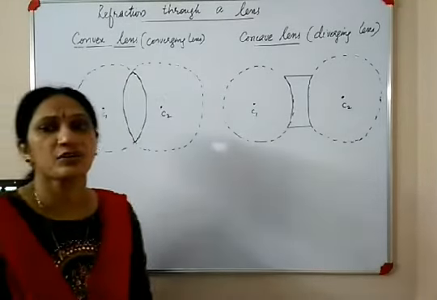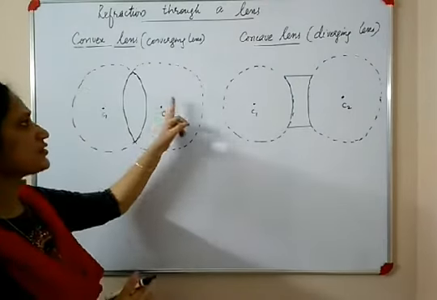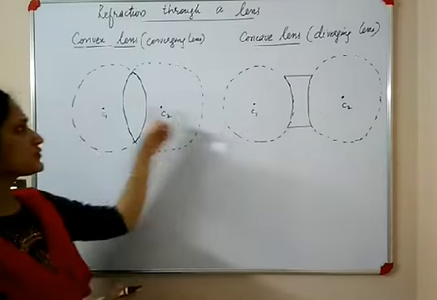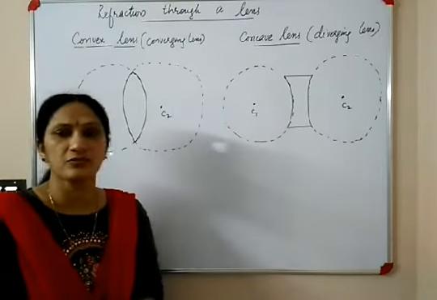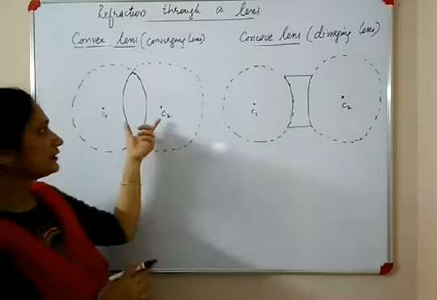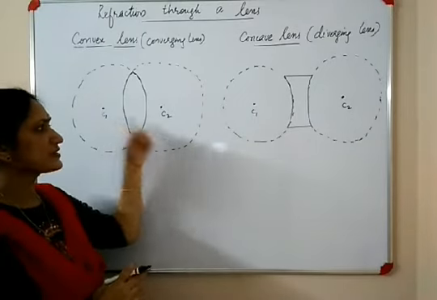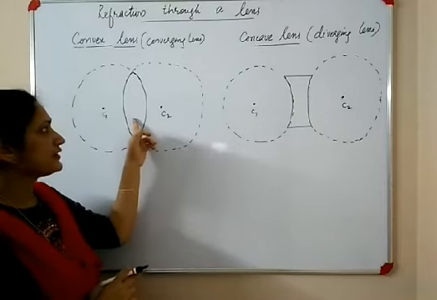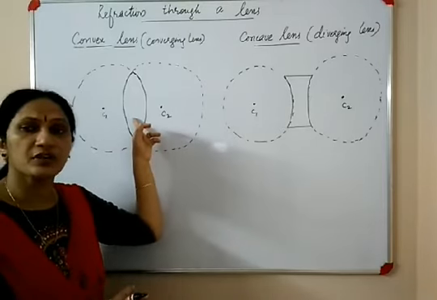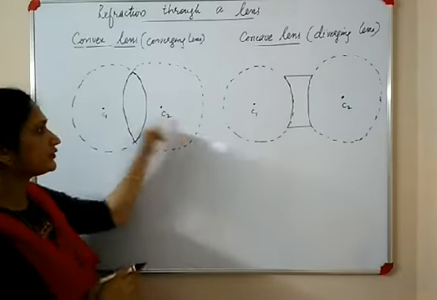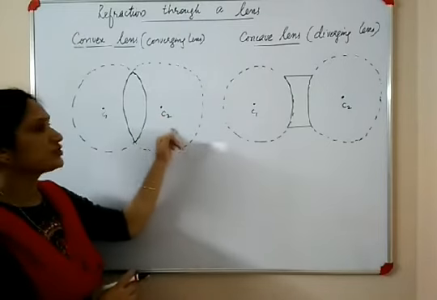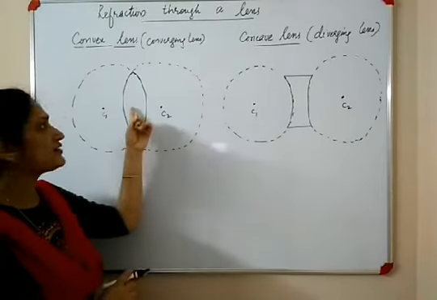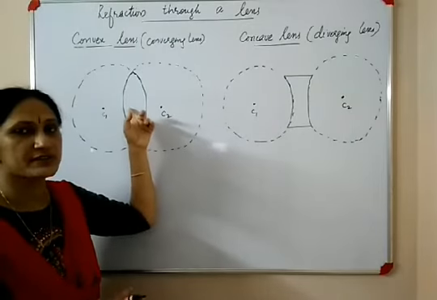Now, radius of curvature. It is the radius of these spheres. The radius of these two spheres we call the radius of curvature. Here, these two spheres are of the same radius, so such a lens is called an equiconvex lens. If both the spheres which make the lens are of the same radius, that lens is called an equiconvex lens.